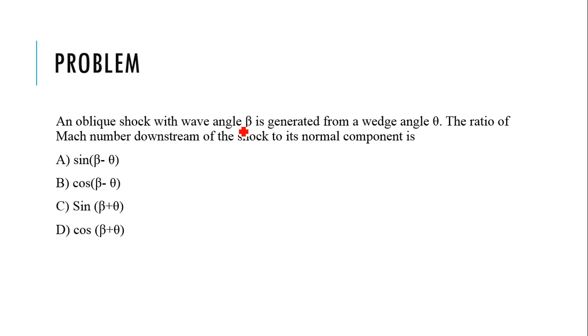An oblique shock with a wave angle beta is generated from a wedge angle theta. The ratio of the Mach number downstream of the shock to its normal component is: sin(beta minus theta), cos(beta minus theta), sin(beta plus theta), cos(beta plus theta). Anyone? Please tell the answer.